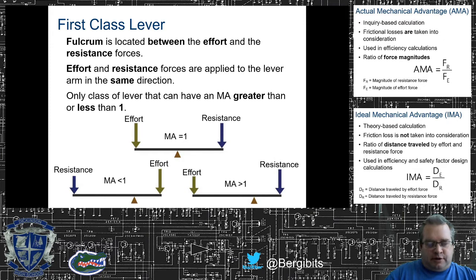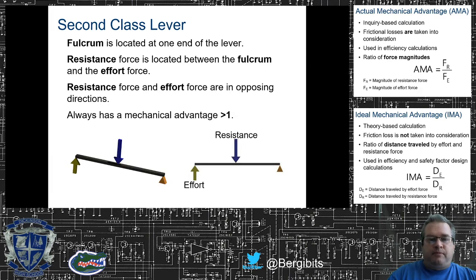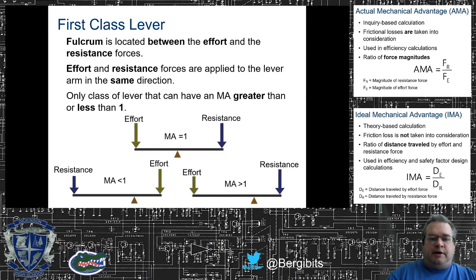The illustration on the left has your effort close to the fulcrum. You're going to have a mechanical advantage of less than 1. And on the bottom right illustration, your effort is far enough away from the fulcrum to give you a mechanical advantage of greater than 1. And that was a first class lever.